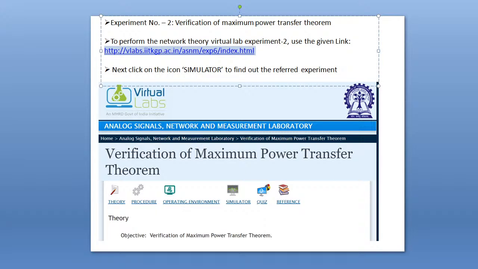Everyone, first use the link I have provided in the chat box. Use the link and visit the virtual lab site of IIT KGP, and then follow the instructions.